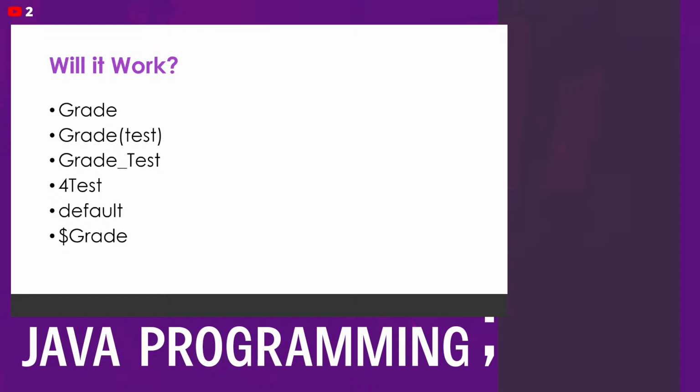If you're here with me live and you're looking at these variable names, maybe just take a minute. If you have a piece of scratch paper handy, write them down. If you don't, just think about it in your head. Think about, well, is this okay? Is that okay? Just look at these 6 examples here and determine whether or not you think they will work or won't work.